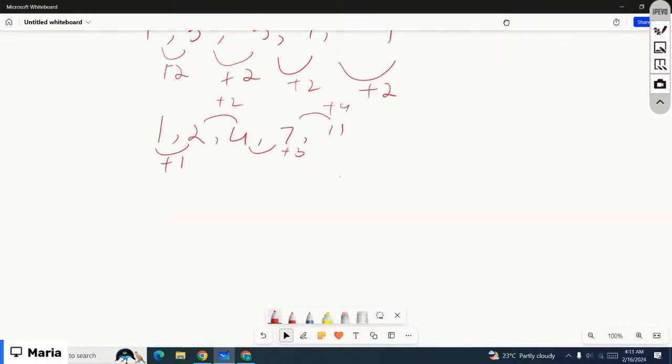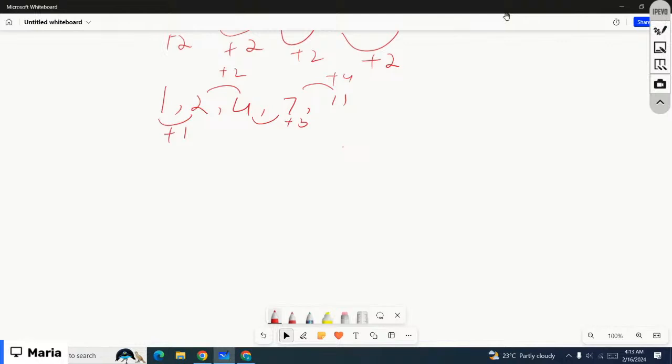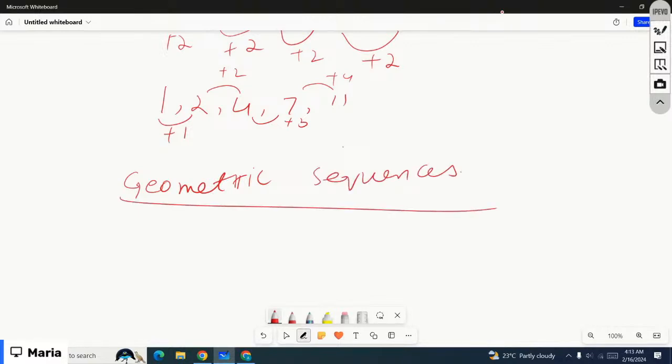But if you get the next number by multiplying the previous number, that is a geometric sequence. Geometric means multiplying or dividing, right? For example, 1, 3, 9, 27, and so on. 1 times 3 is 3, 3 times 3 is 9, 9 times 3 is 27.